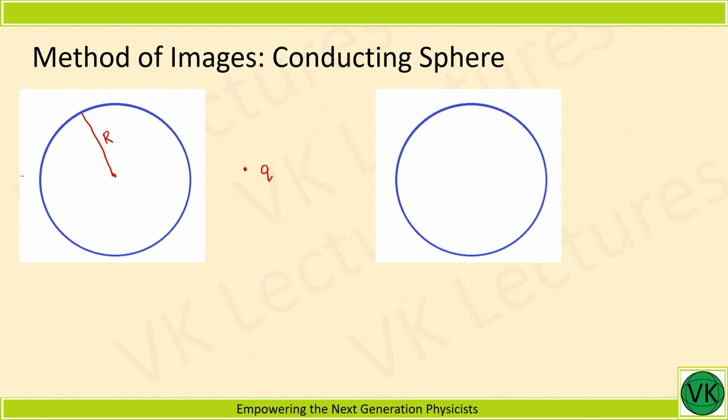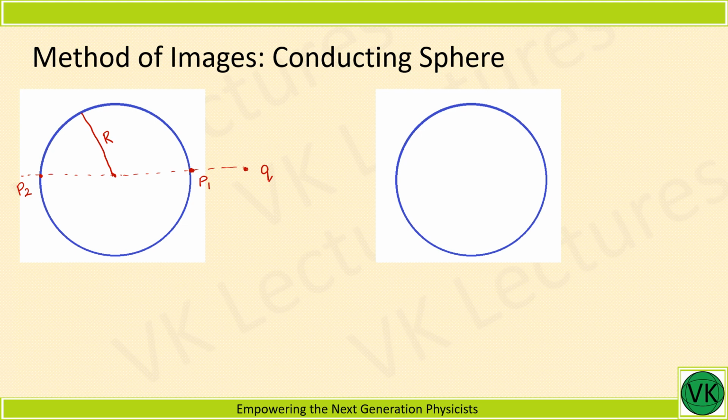So take the axis along which the center and the point charge q passes. We can consider 2 points, p1 and exactly opposite p2, on the conducting sphere where the potential is 0.